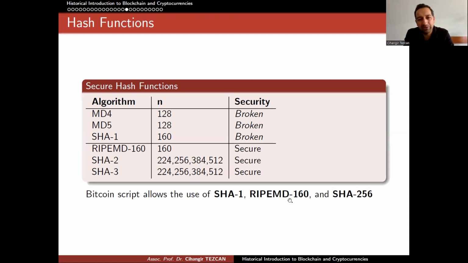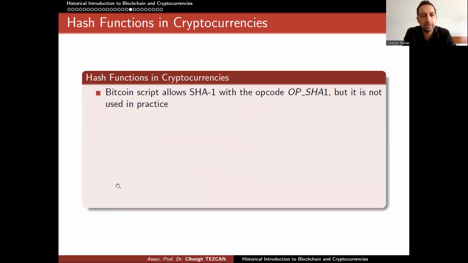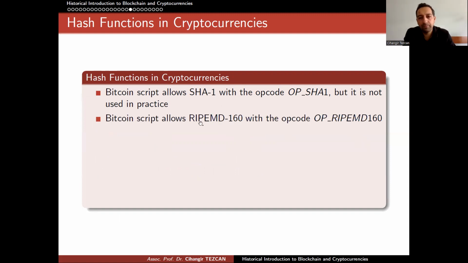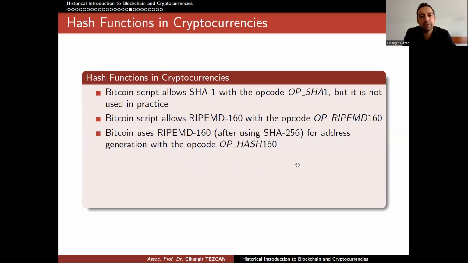This also gives the idea that maybe Satoshi might be European or have very close friends in Europe, because at that time, RIPEMD wasn't a thing in the United States. So Bitcoin script allows SHA-1 with the opcode OP_SHA1, but it is not used in practice. Yes, RIPEMD is used like this.